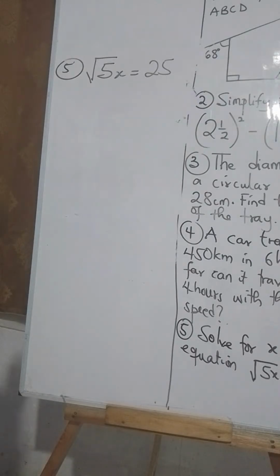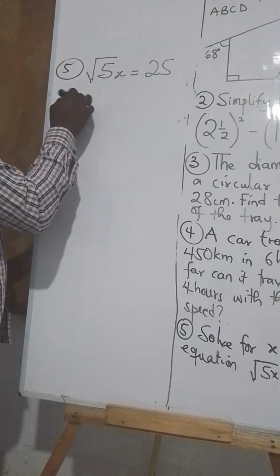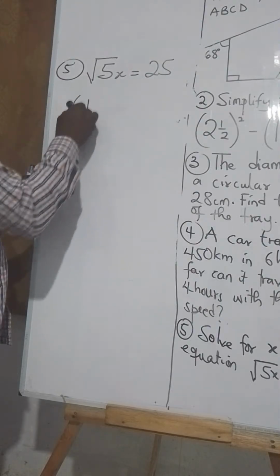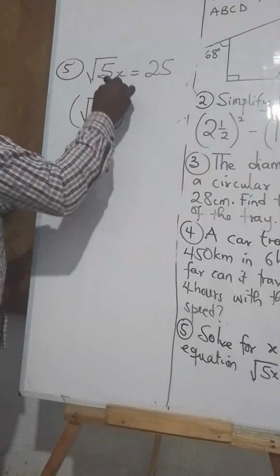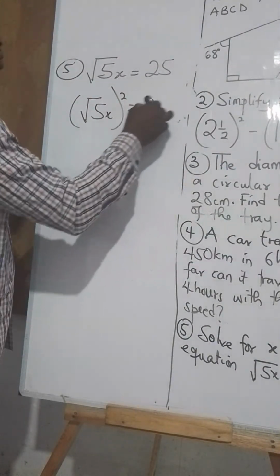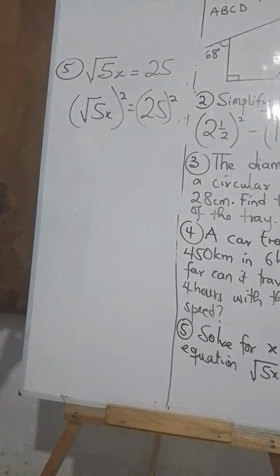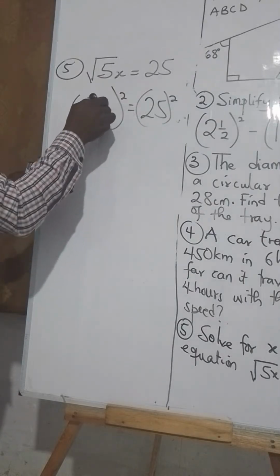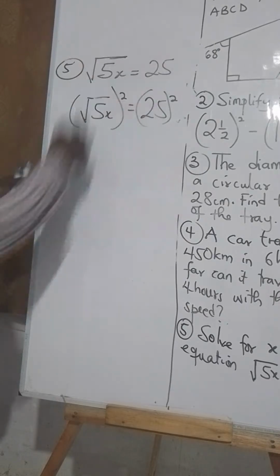Right, so let's see. Here you square both sides. So we have root of 5x, all squared, then 25 squared. So here, the square will cancel the square root. Don't forget, all this number is under the square root sign.